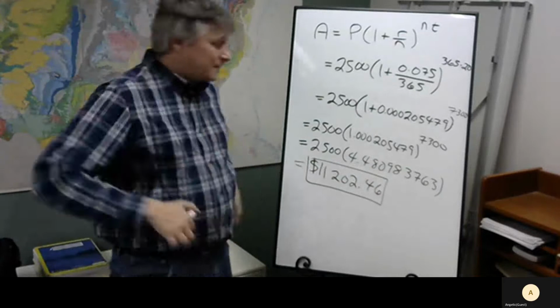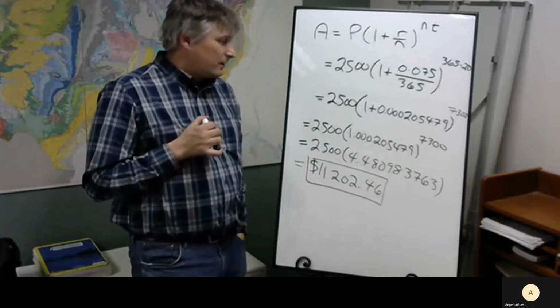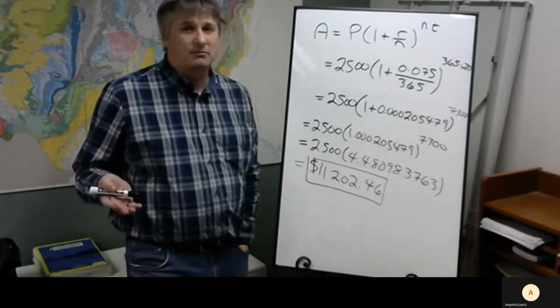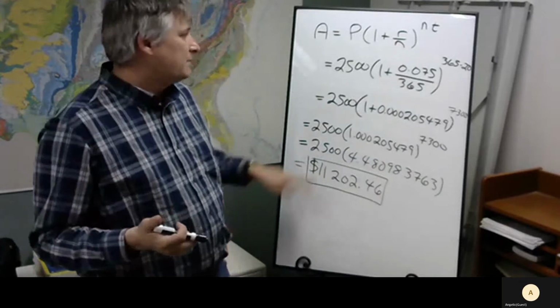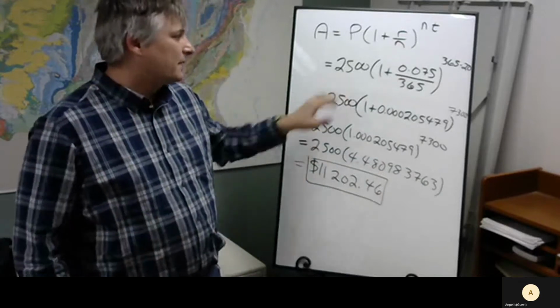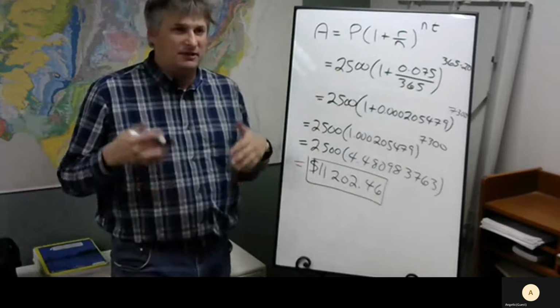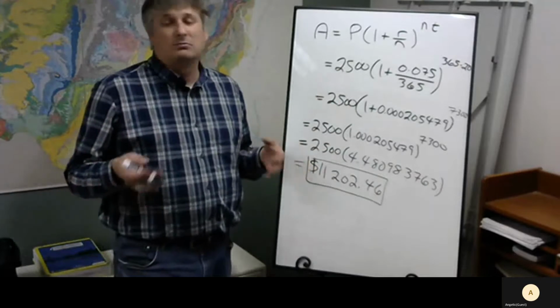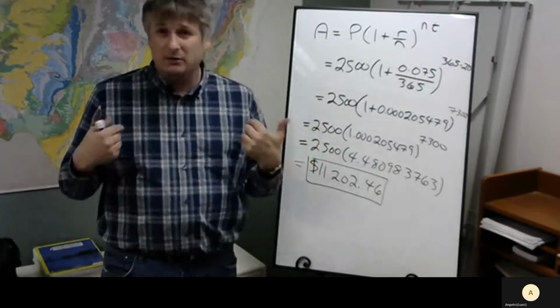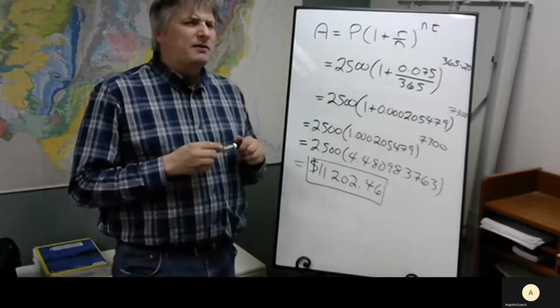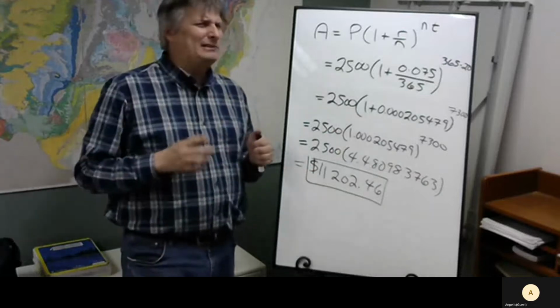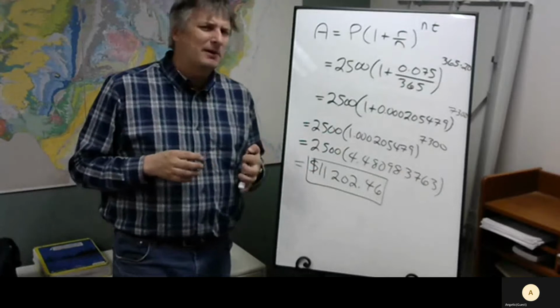So what does this tell us? Well, if we have an account that pays back 7.5%, and we put in $2,500, and we don't take any money out of it or put any in for the next 20 years. An account that's getting you 7.5% is probably something involved in the stock market.